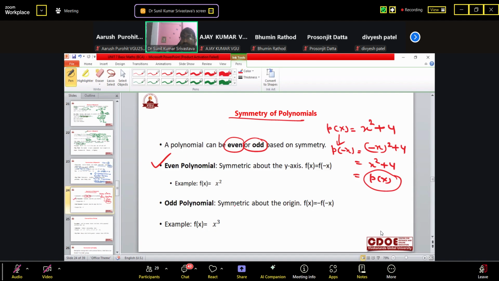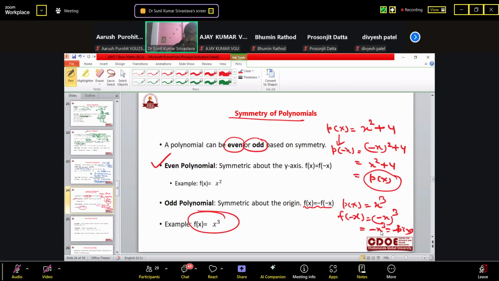But take an expression of the form, suppose p(x) is equal to x cube. Replace x by minus x, and you get minus x cube. So the answer is minus of x cube, that is minus of p(x). When we replace x by minus x, we get the same answer but with the negative sign.